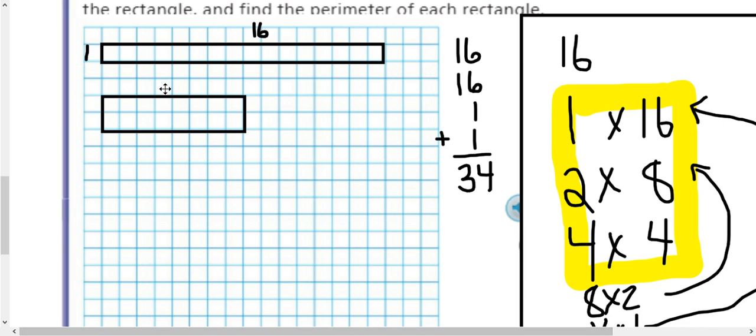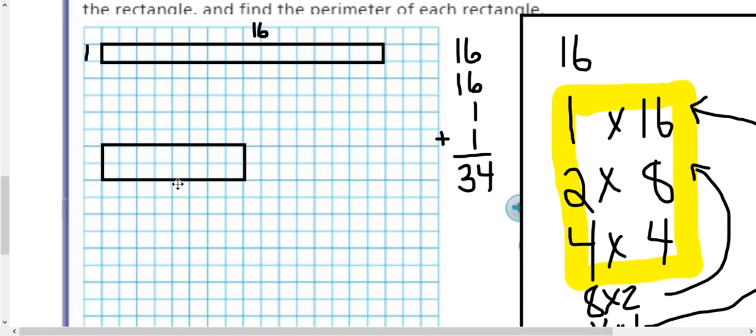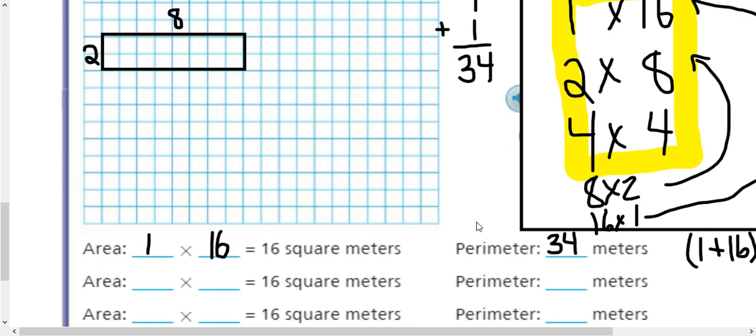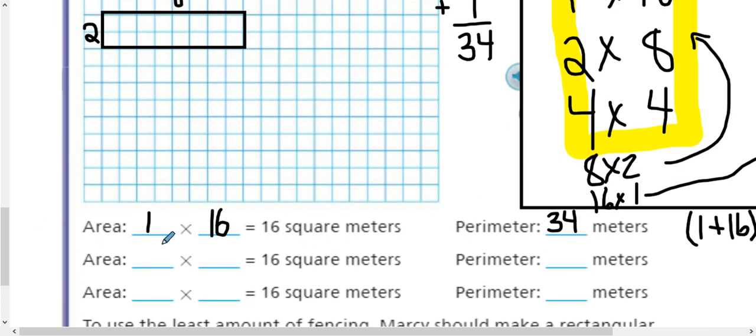Let's go ahead and move this down out of the way so we have a place to work. So here is our 2 and 8. All right. We know there's going to be 16 in there. To find the perimeter, again, we could add 8 plus 2, 8 plus 2. Or go ahead and use our formula, which we'll talk about down here.